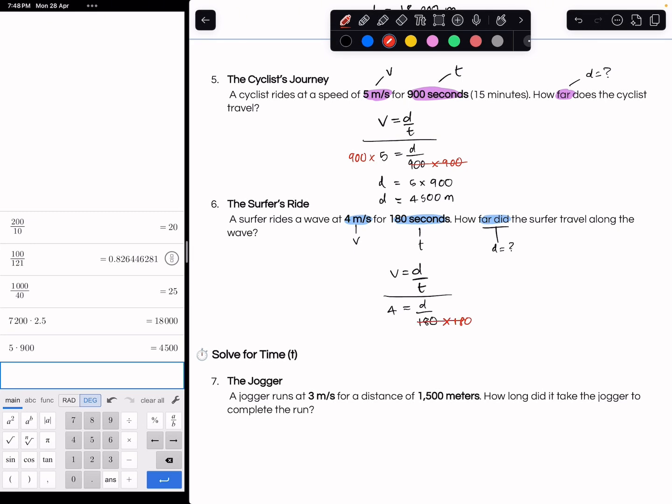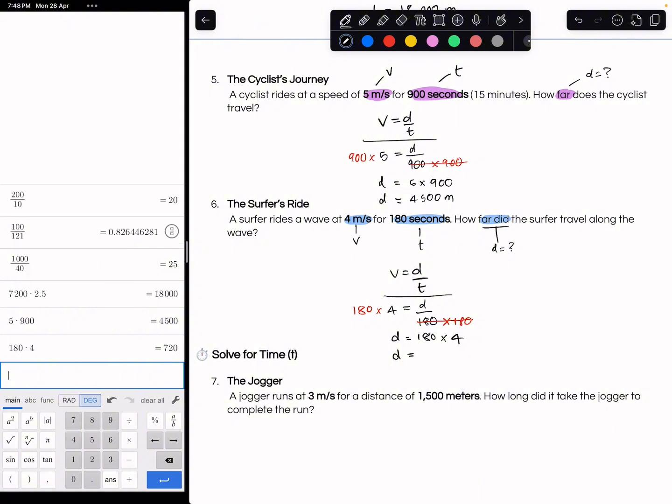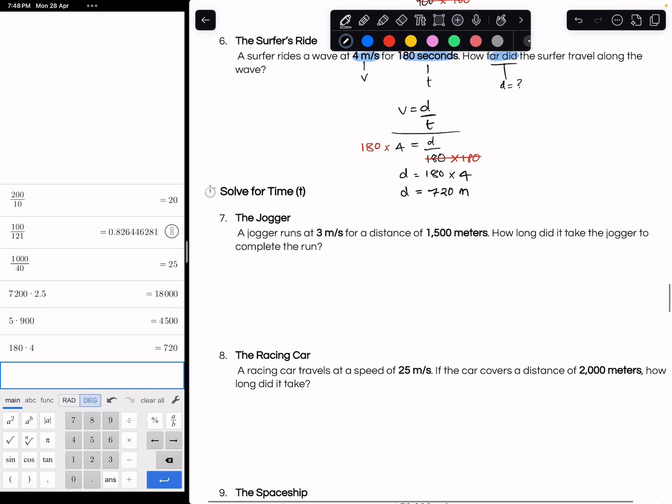If I do that to one side of the equal sign, I have to do it to the other. And now what I'm left with is d equals 180 times 4. Time to plug that into my calculator. 180 times 4 equals 720 meters. Beautiful work so far.